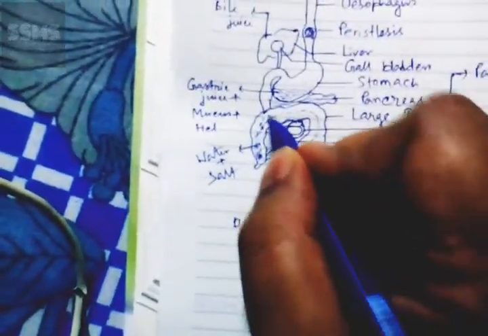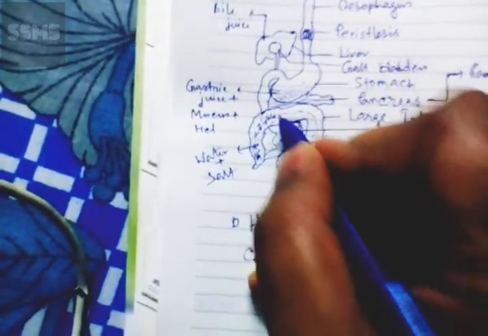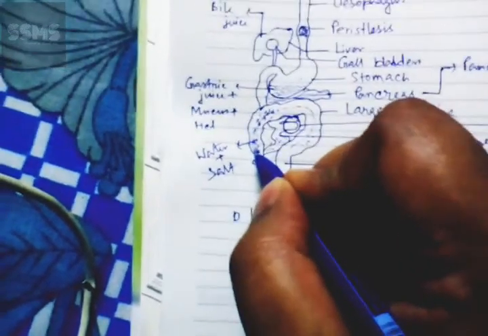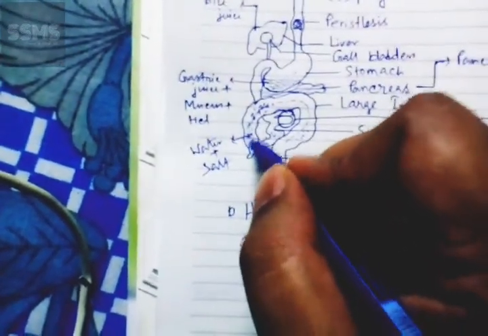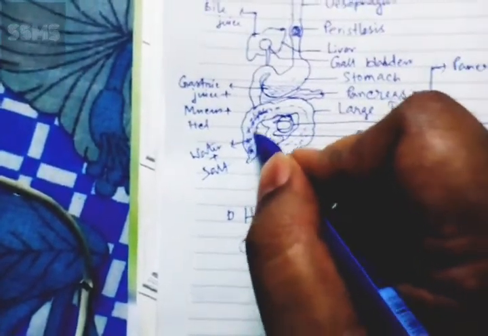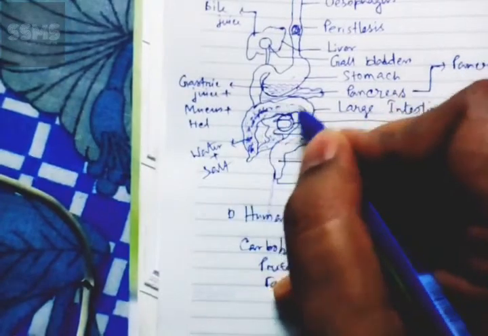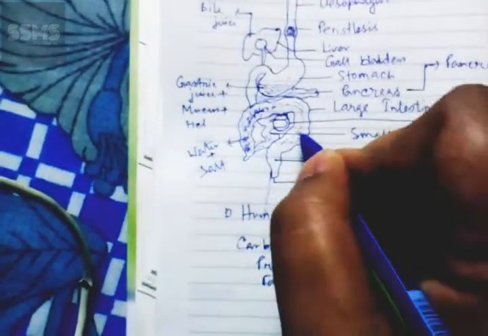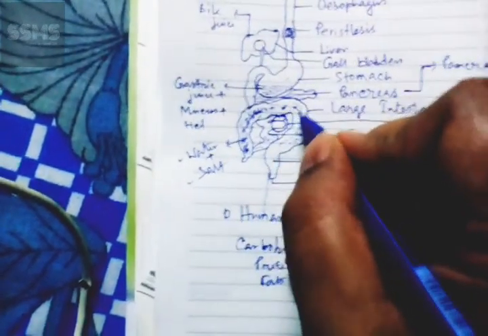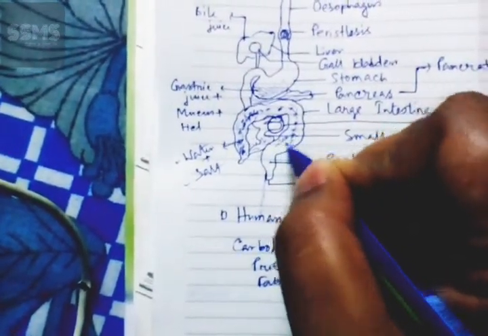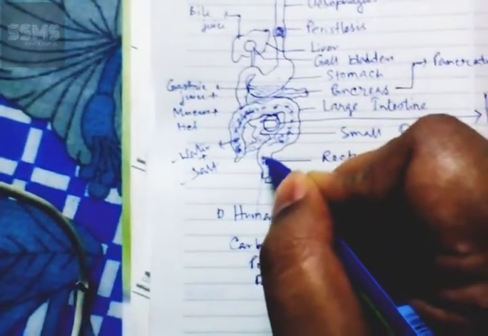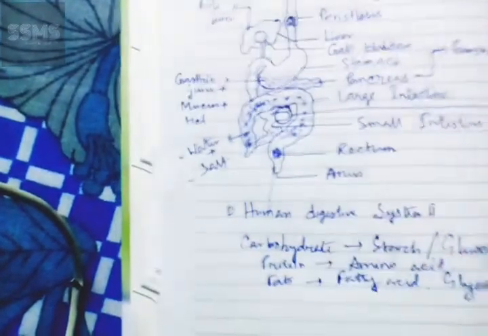Only water and salt remain when the food passes from the small intestine to the large intestine. So inside the large intestine, when the material moves, the internal skin of the large intestine absorbs the water and salt, and after that the remaining excreta, the unwanted particles, come here and assemble in the rectum.